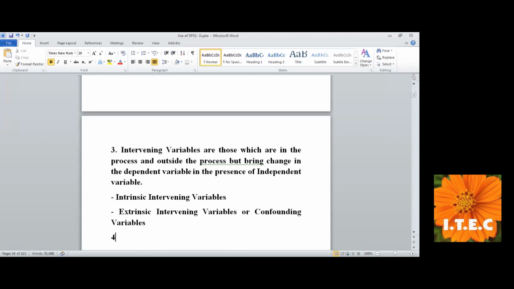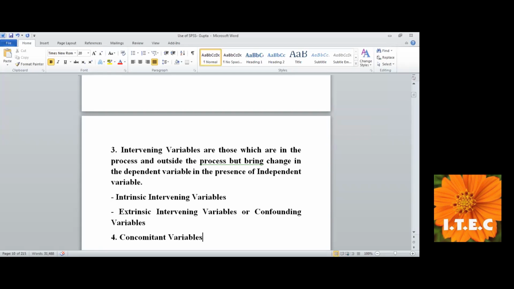Now, there is another type of variable which is called concomitant variable. My dear friends, all of you do not have the same height.